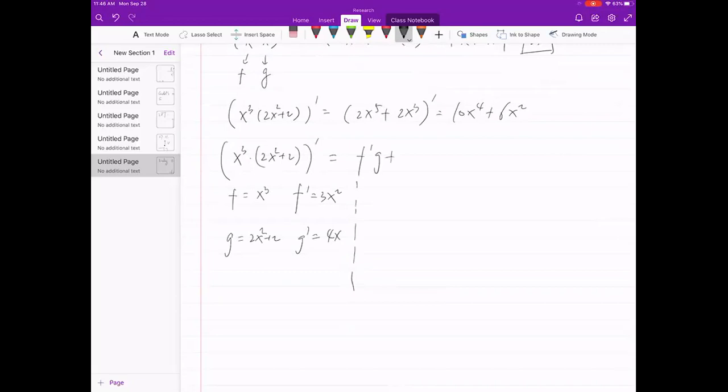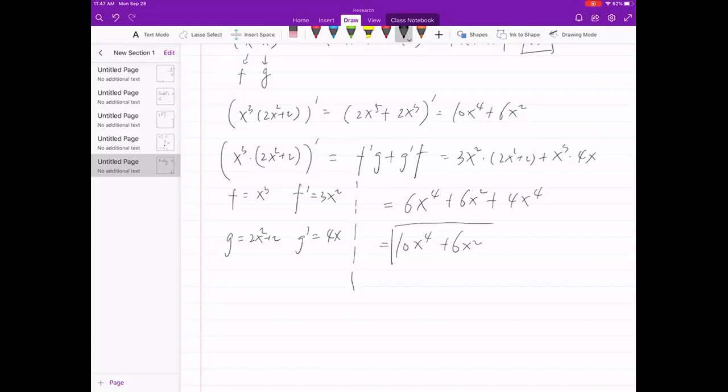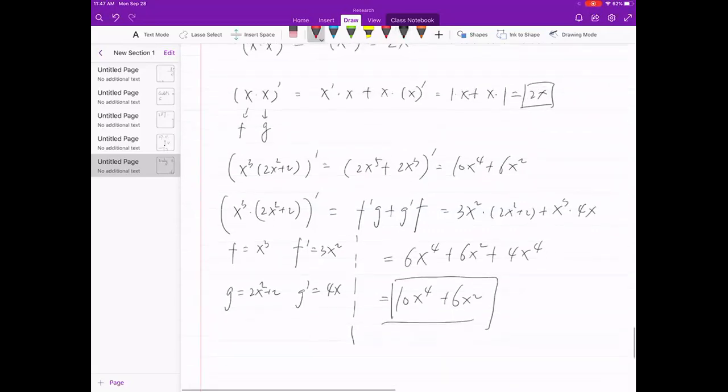F prime g plus g prime f, which is 3x squared g plus f g prime. 6x to the 4 plus 6x squared plus 4x to the 4th, which is 10x to the 4th plus 6x squared. And this time we have the same answer. That is because we followed the right rule.